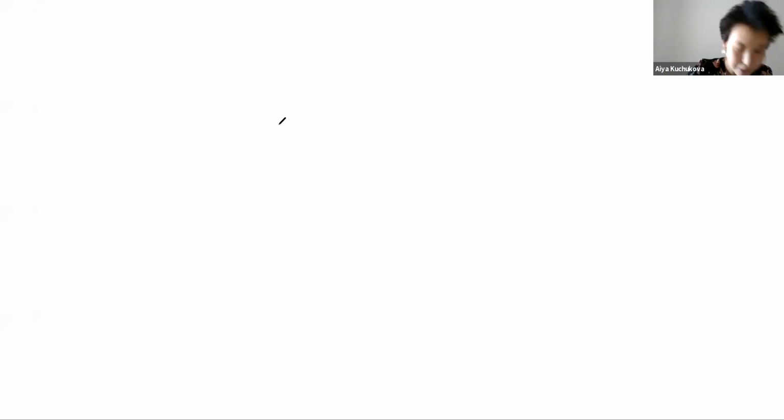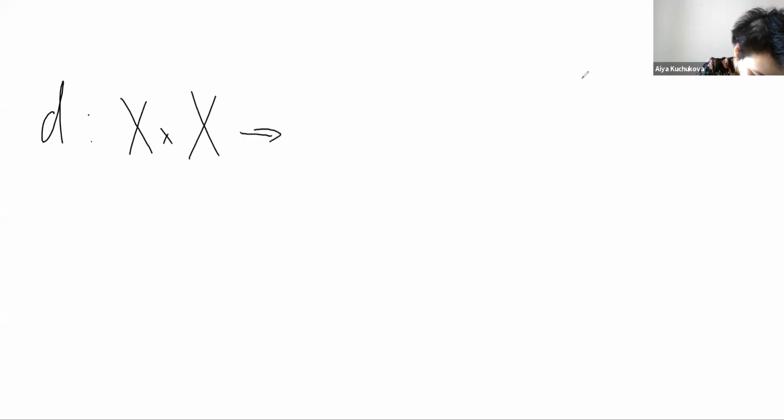Okay, so we were talking about metric topology, which is super important for a lot of different reasons, especially because people would like to quantify everything. And so we defined that a metric d from X times X into R is a function which should have the following properties. X is our set on which we base a topology.